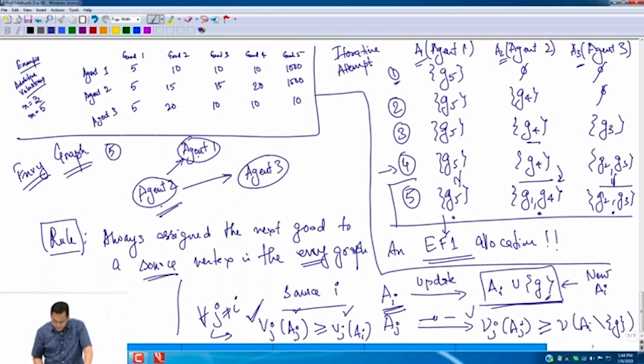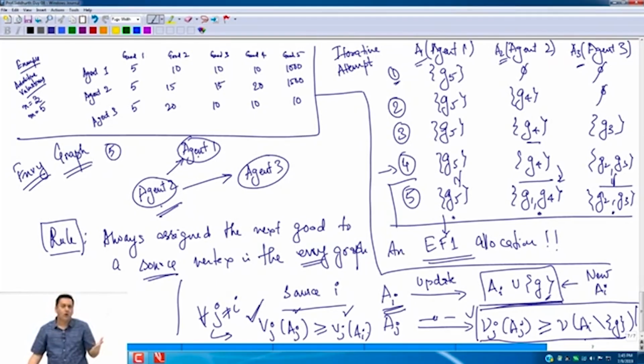But note that if I now look at the new A_I, which is the old A_I plus g, and I remove g out of it, what I get is the old A_I, right? For some set I included g, I removed it back, I'm back to the old A_I. So this inequality here, this thing that I'm trying to put a box around, is nothing but the previous inequality with the new set of allocations, because A_J didn't change and A_I just got one more good.